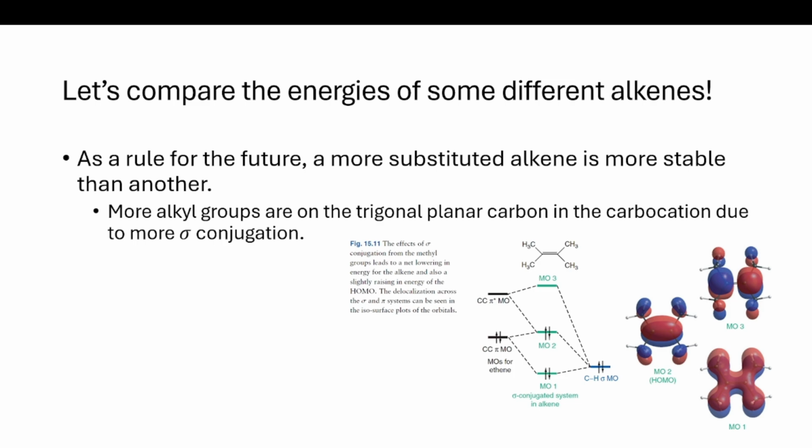In fact, for this particular alkene, looking at the molecular orbitals, sigma conjugation leads to an overall lowering of the alkene's energy and a slight raising of the HOMO.